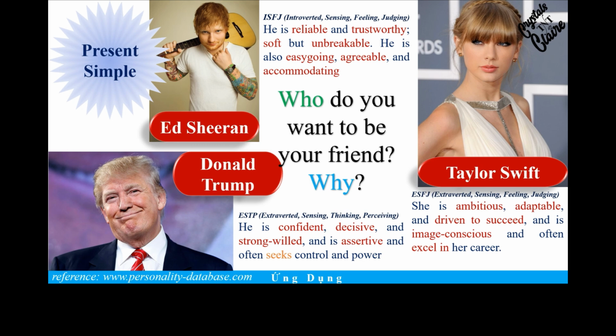Okay, yes, he is very confident. He is decisive. Like he knows what he wants, and he decides whenever necessary. He gives the final decision very quickly. So that is decisive. And strong-willed, yes, strong-willed, and is assertive and often seeks control and power. Yes, he seeks control and power.